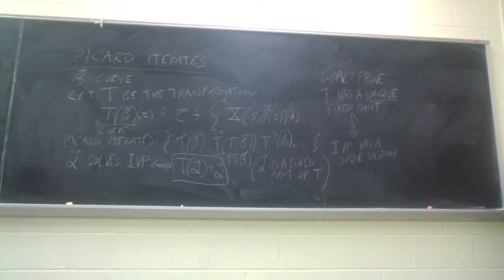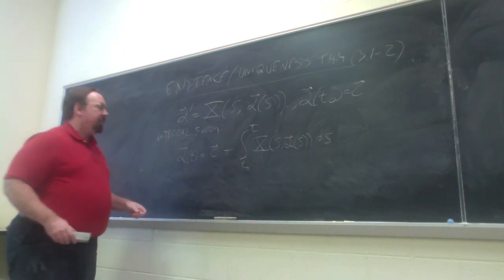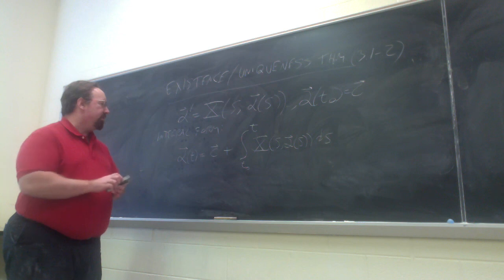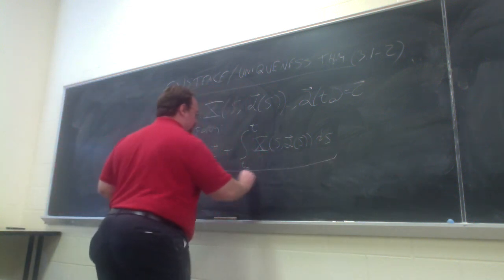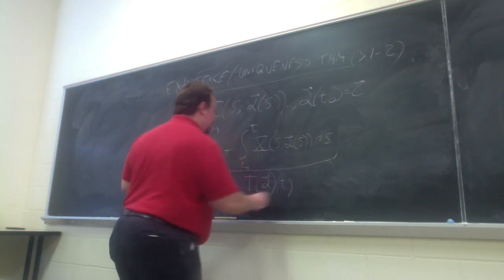Okay. Now, before I erase the other board, because we want T of alpha equal alpha to be a solution. So this right here is T of alpha of t.